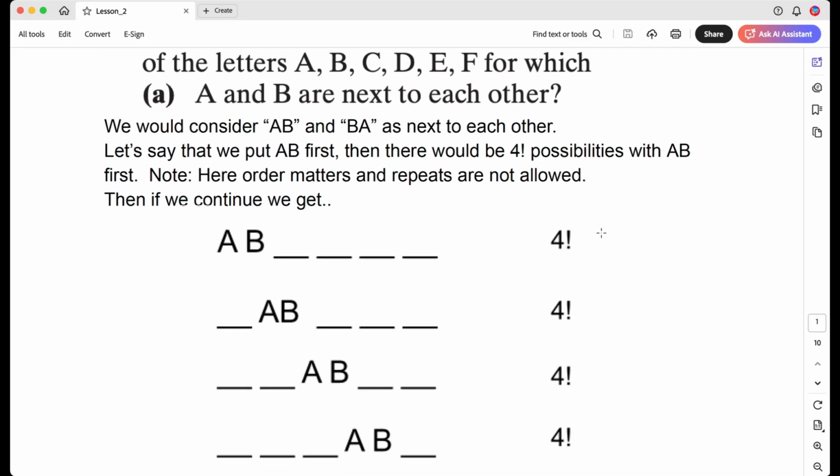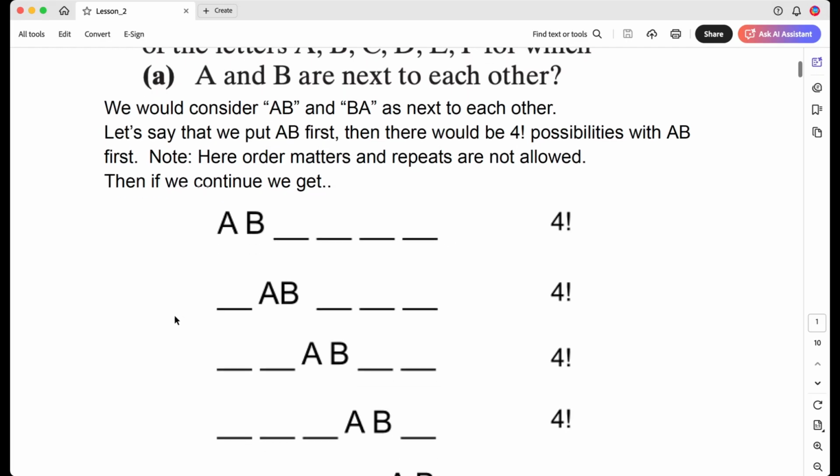And so the count to fill in those extra 4 blanks will be 4 factorial. We have 4 choices for the first slot. We can't use the AB. So you have 4 choices followed by 3, 2, 1. So it's 4 factorial for the remaining 4 slots.